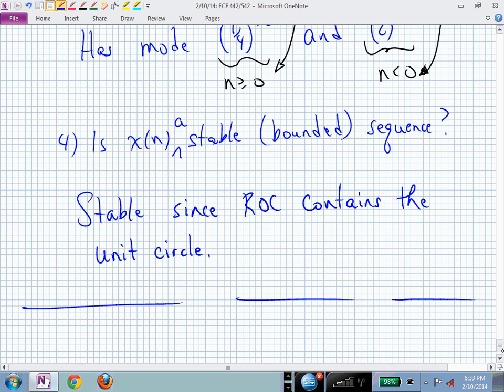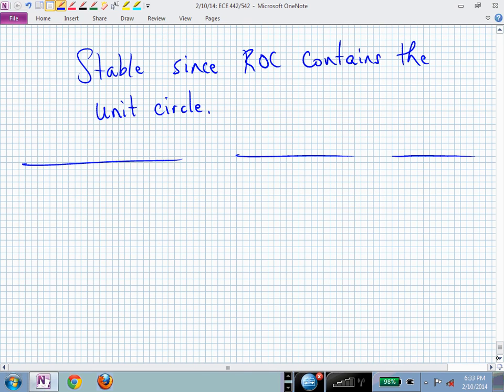Those 4 questions we've now answered without doing any inverse Z transform. But we now know what the inverse Z transform had better look like and its behavior.